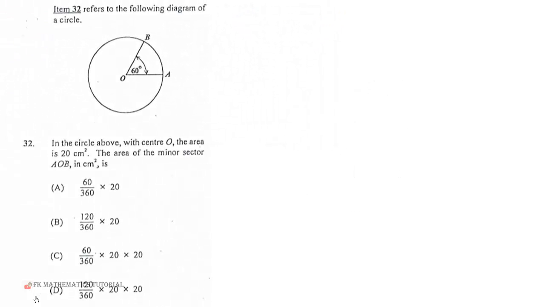Question number 32. Item 32 refers to the following diagram of a circle. In the circle above, with center O, the area is 20 centimeters squared. The area of the minor sector AOB in centimeters squared is.